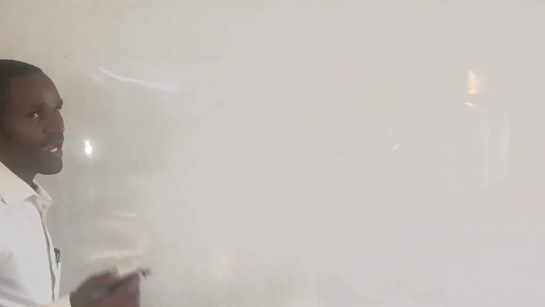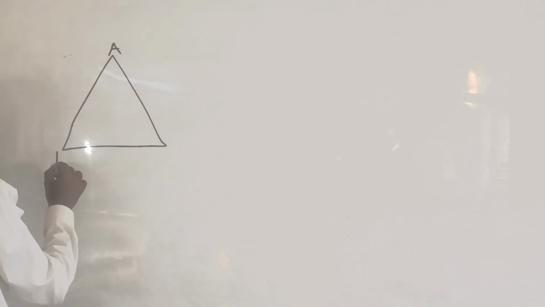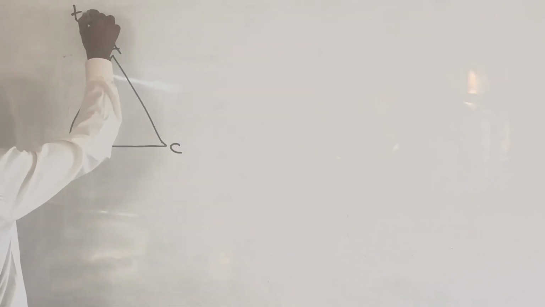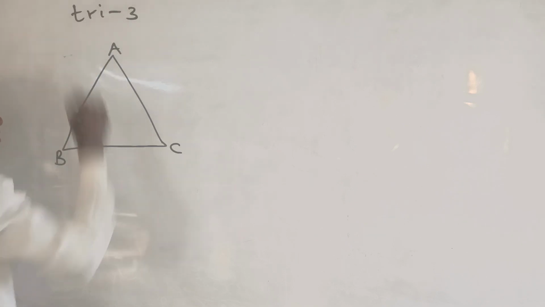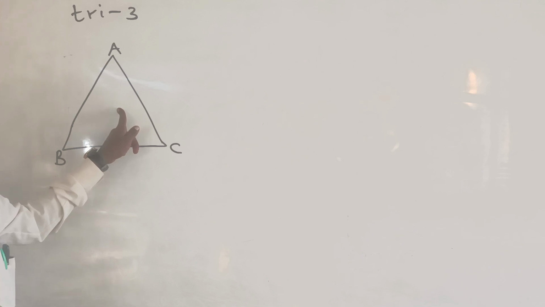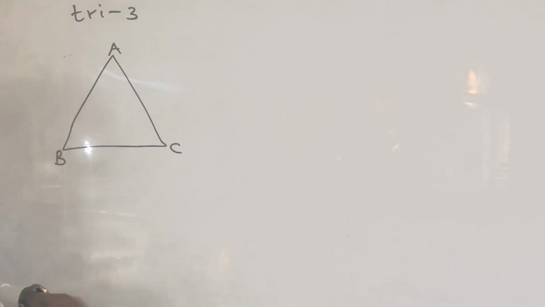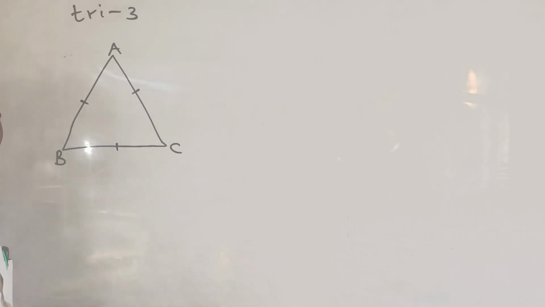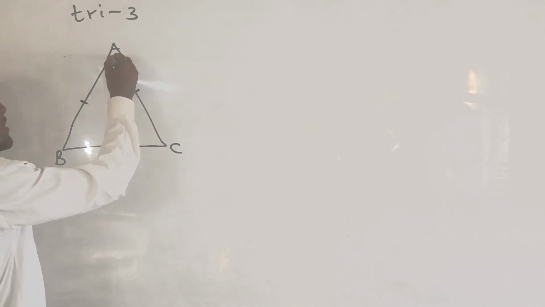So we are going first to come up with two different diagrams, and this can be my first diagram. I can label this diagram as A, B, C. In layman's language, tri means 3, and that means this is a figure in mathematics that has 3 edges or 3 lines, or 3 vertices.